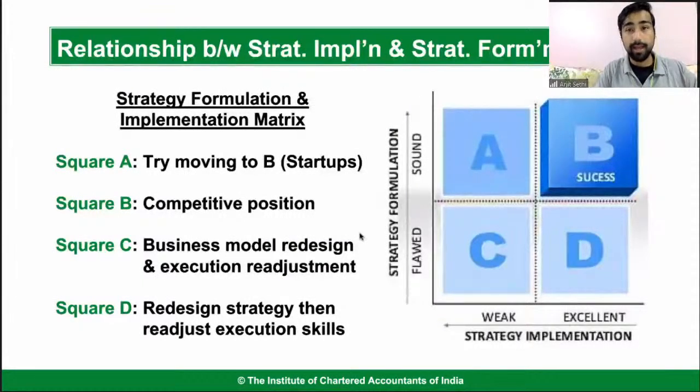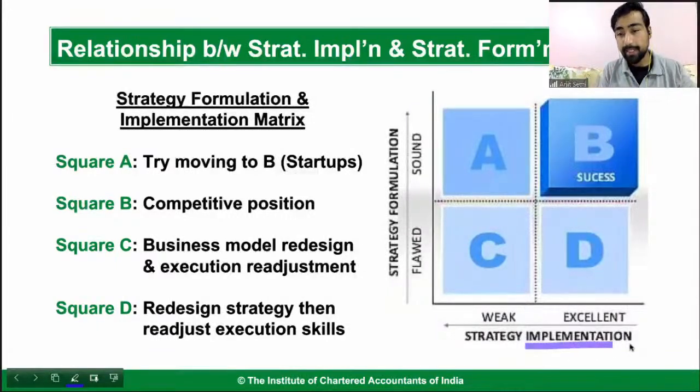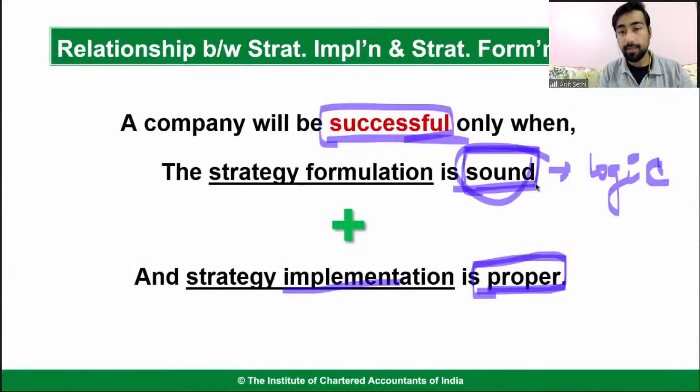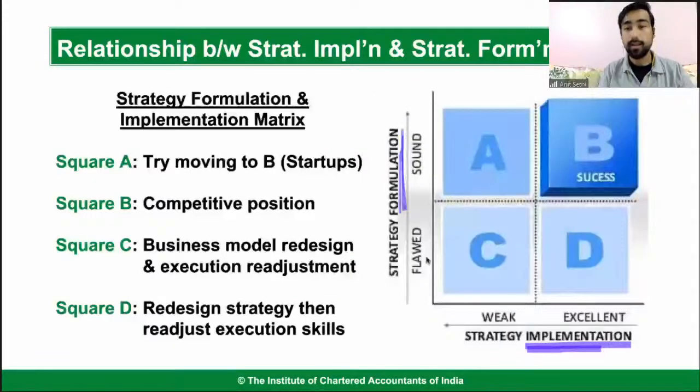To understand this in a better way, we have a matrix, a graph or a chart. This is your implementation, and this is your formulation, right? When strategy formulation is sound and implementation is proper, you will be successful. Now what if my formulation is flawed, and my implementation is also weak? What will happen? You tell me.